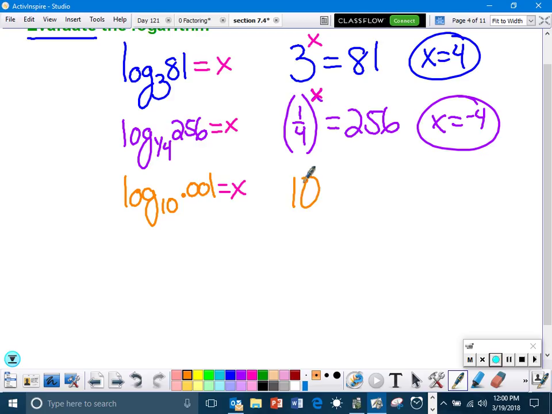So 10 to what power equals the decimal 0.001. Again, you're going from a large base to a small number, a decimal. So you're going to end up with a negative here again. And if you plug some negative exponents in there, you will find out that x equals -3.